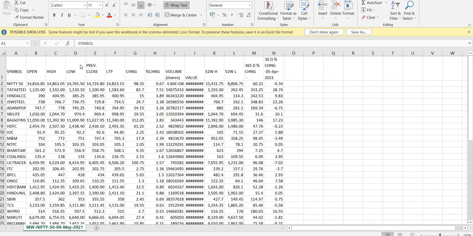So now the file has been opened, and we can see there are different stocks and indices for which the change is given for the last 365 days and the last 30 days.